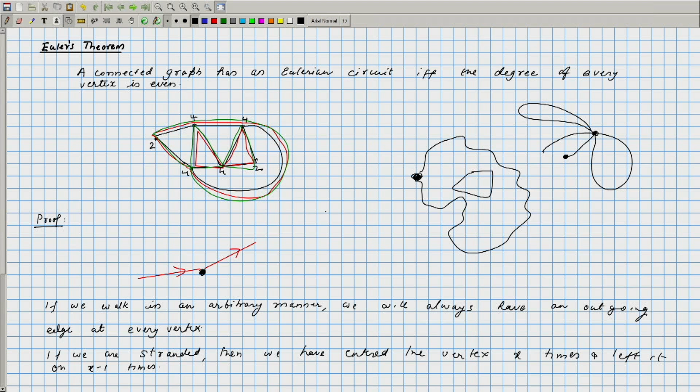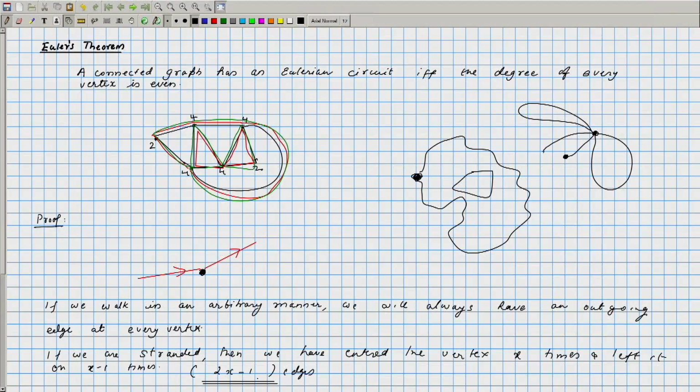But for every other vertex you are entering from some other place and then leaving it. So, you would have left it one less time than you have entered. So, the total edges of that particular vertex which have been traversed is 2x minus 1 edges, and that is an odd number. And since we assume that every vertex has even degree, we will never be in such a situation. We could of course start at a vertex and then come back to the same vertex.